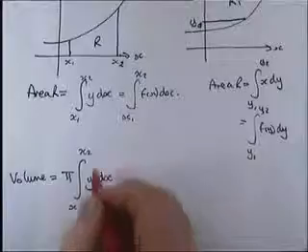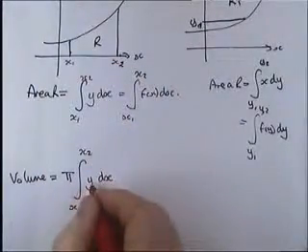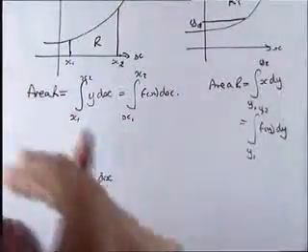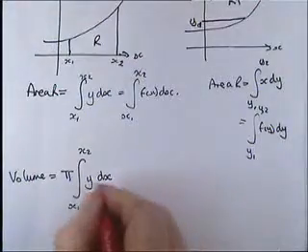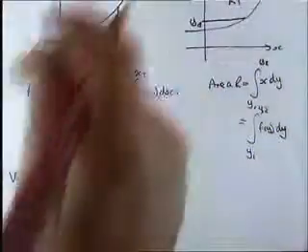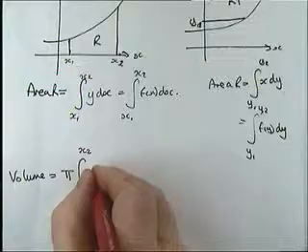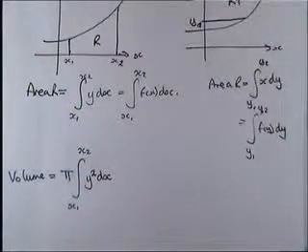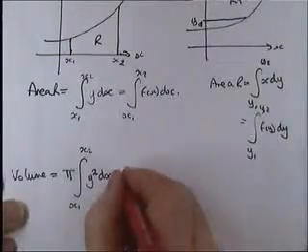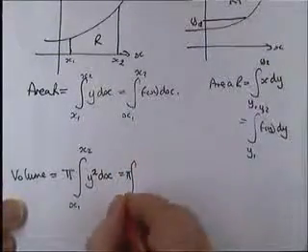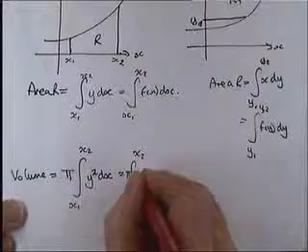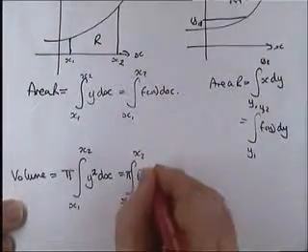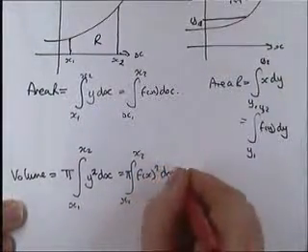What students get confused by is they think, well, that's got to be x there because we're going around the x-axis. Think more about what you're integrating with respect to, to get the area, which you then rotate. And so that's not y, that's y squared. Or we could have written that as pi lots of the integral from x1 to x2 of the function of x squared dx.